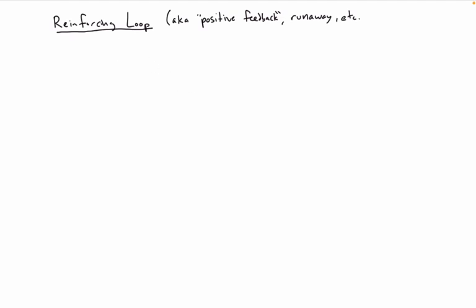So in reinforcing loops, an example would be the money in a bank account and the interest added. And this was in the Meadows video, so we won't spend a lot of time here.